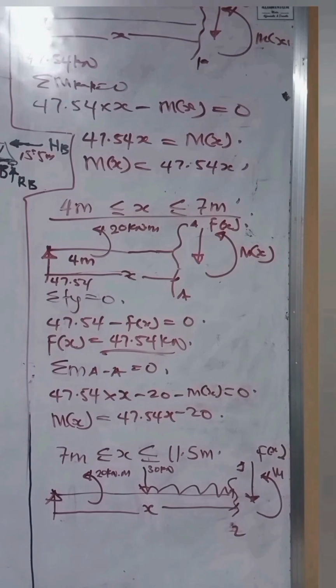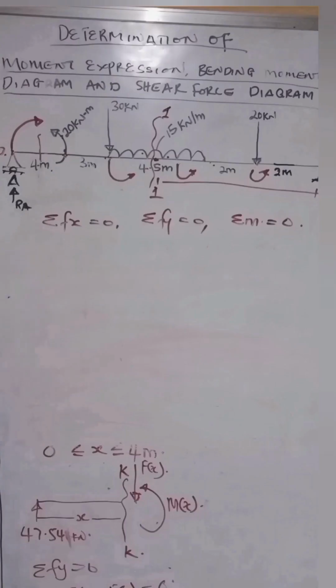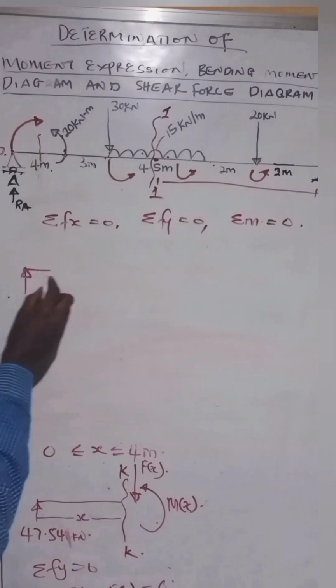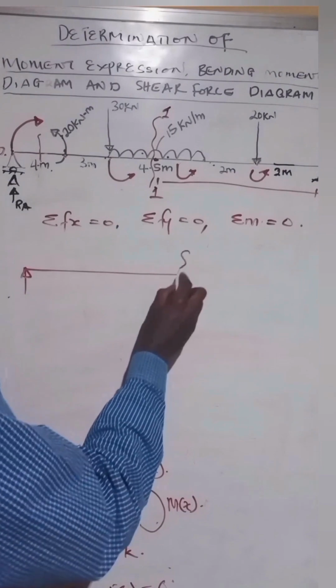Now let's go over and write the shear force expression. Here remains 47.54 kilonewton. So we go sigma Fy to be 0. Sigma Fy is 0. So let's work it out. Let's redraw it.